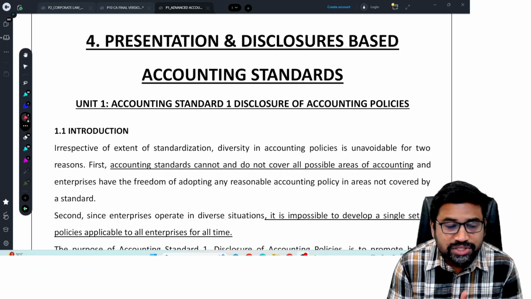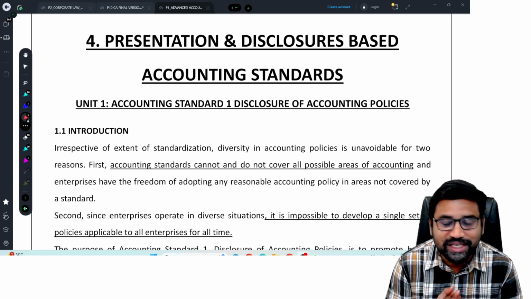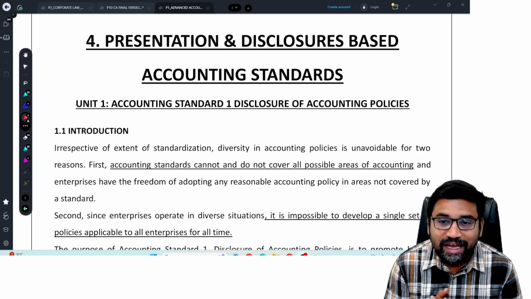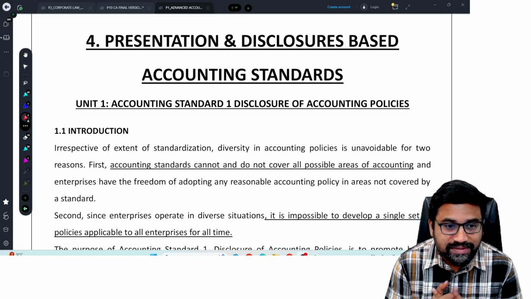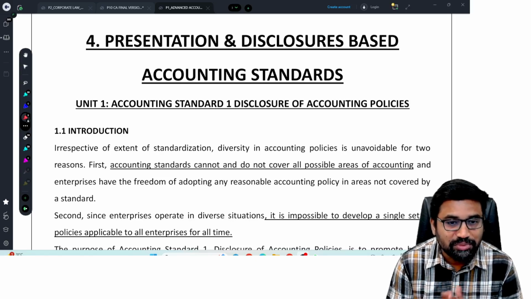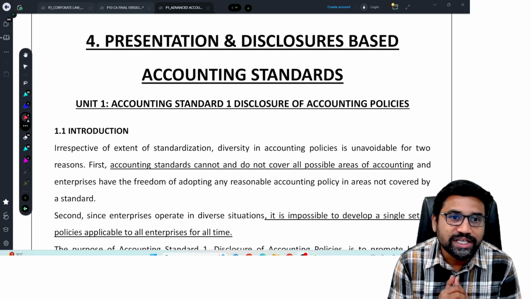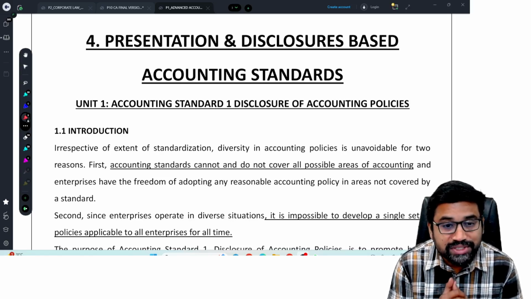But in the new syllabus, almost 80% of the syllabus relates to standards only. Therefore, what I am guessing is that almost 80% of the paper will be accounting standard related questions, and you have 30 marks of MCQs.